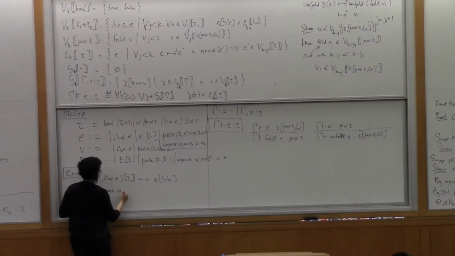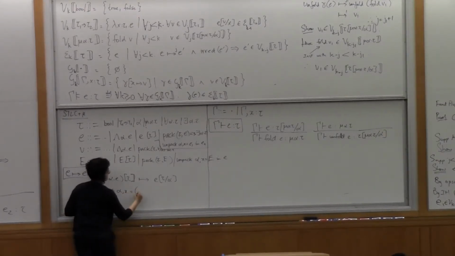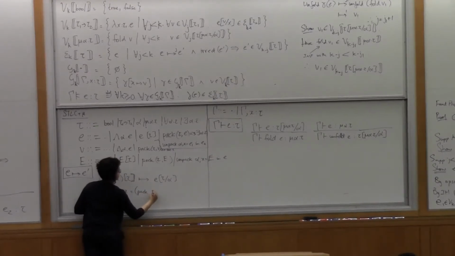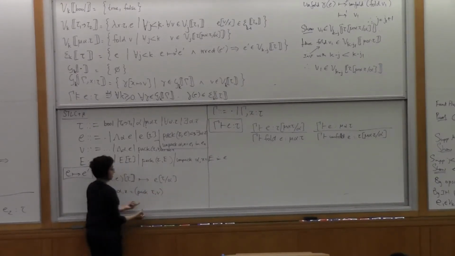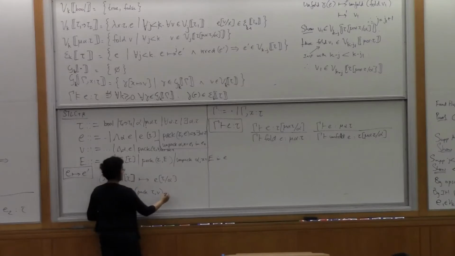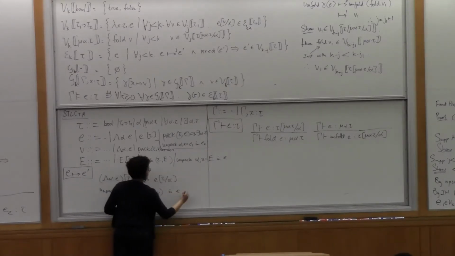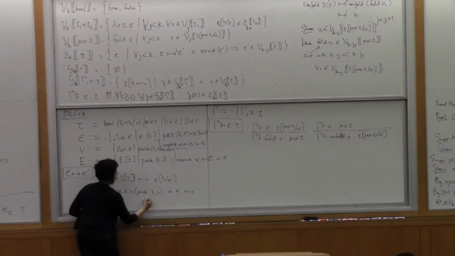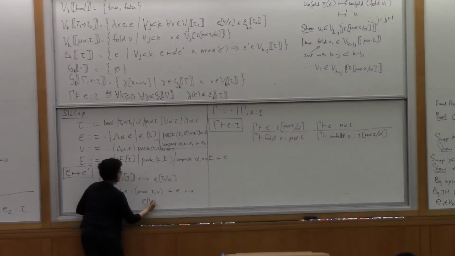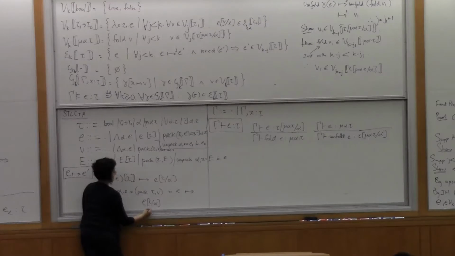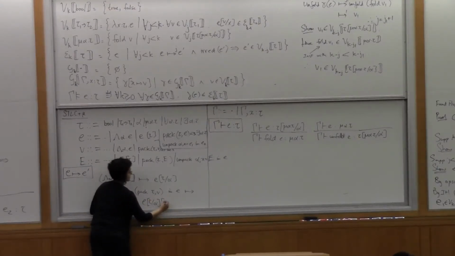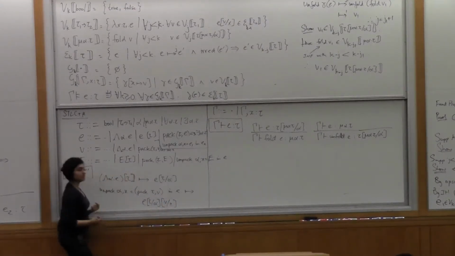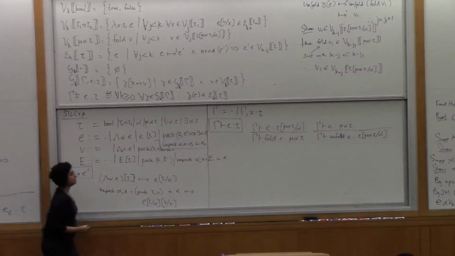So we simply say unpack alpha x equals pack tau V, that'll be the value form for the existential type, in E, and that steps to this E with tau substituted for this alpha and V substituted for x. Okay?